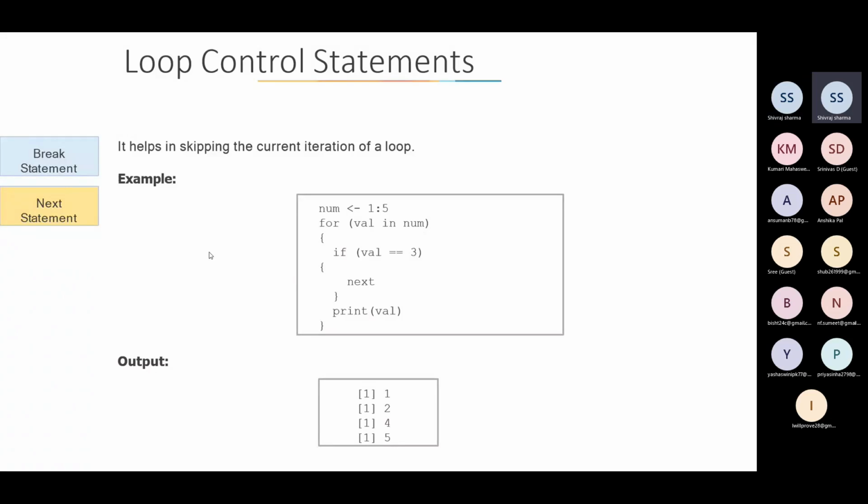If you want to continue by skipping the value mentioned in the condition, then you have to use next. And if you want to stop the loop at the point where the condition is fulfilled, you will use break. Understood the difference between break and next statement?